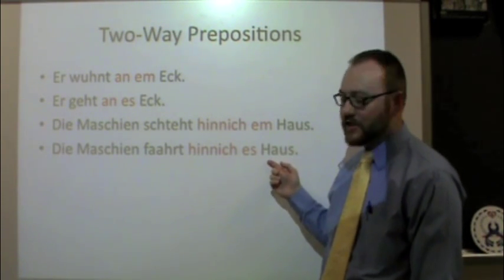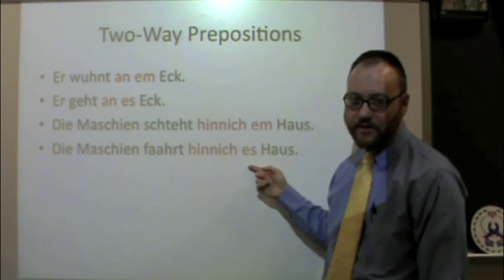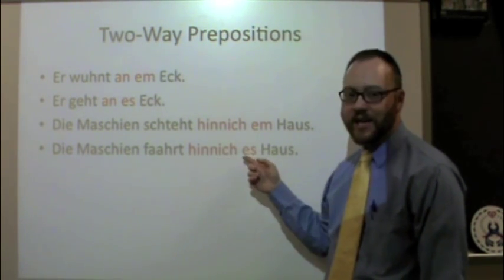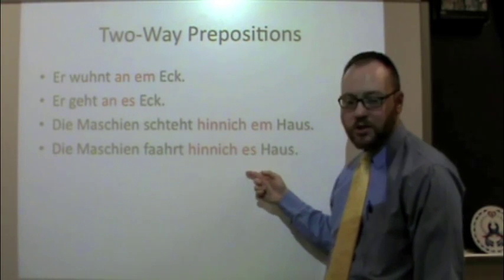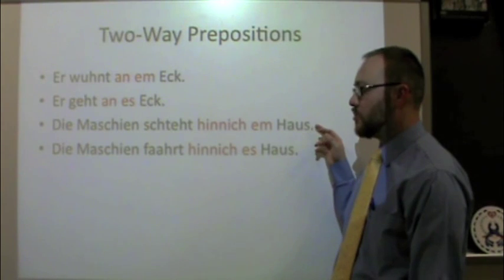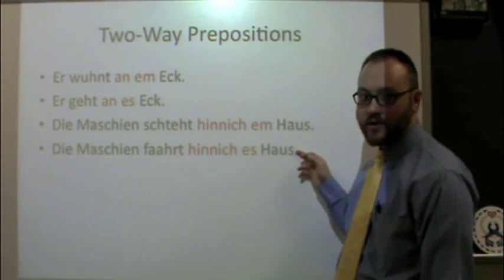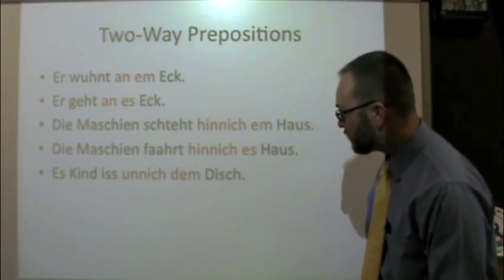House is neuter, that hasn't changed, so we get the accusative form, s. And again, you could combine this and say hinnigs, but I wanted to break it apart so you can see what we're doing here. Hopefully, again, you can see the difference between these two sentences. One has motion, this one, and this one does not. Hence, dative versus accusative.